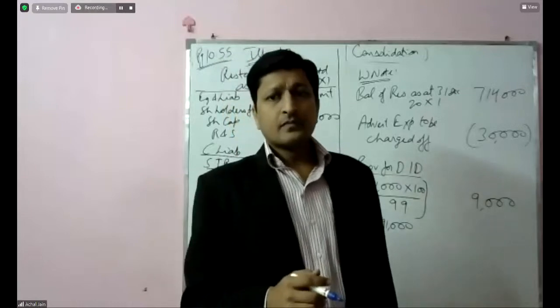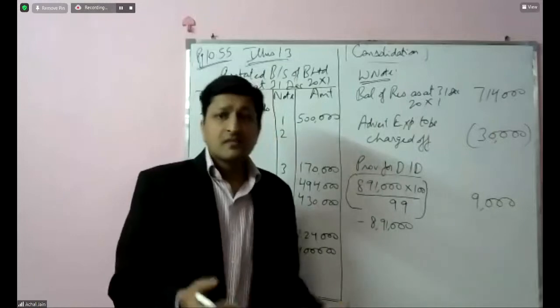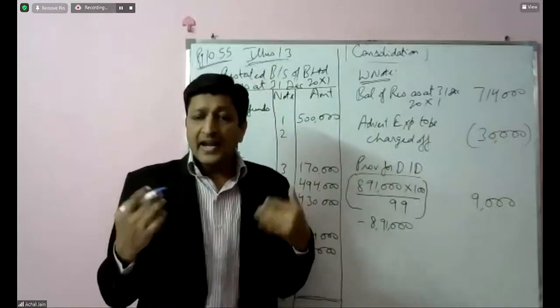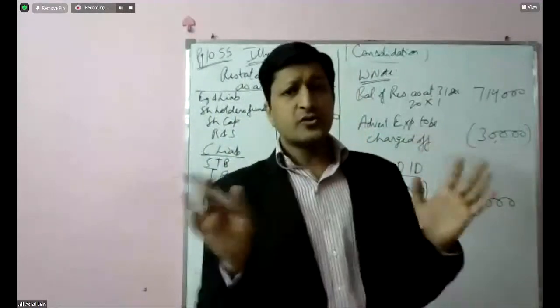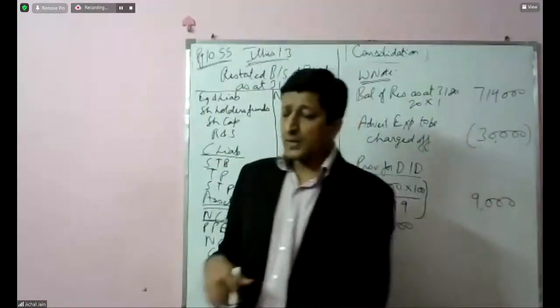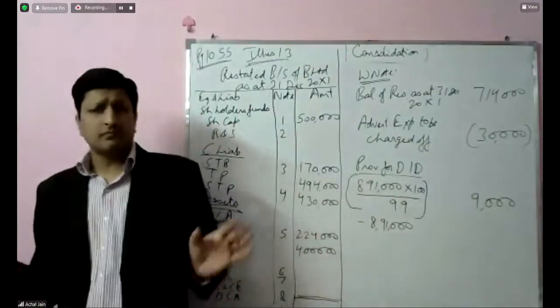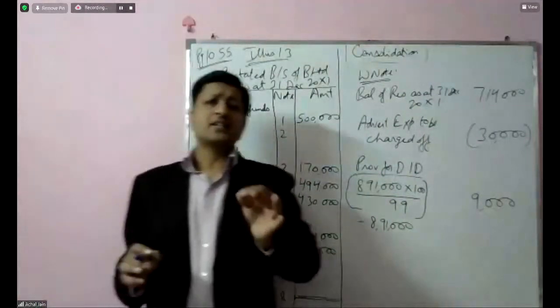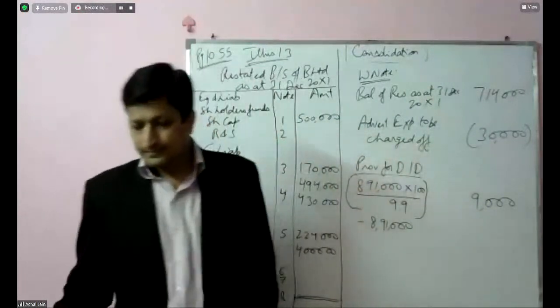Because of this, reserves will increase, and in a way we are doing away with this type of provisioning mechanism. This is not correct. The question doesn't say whether the holding company is following this or not. We simply understand this is incorrect, so that's why we are making this correction.